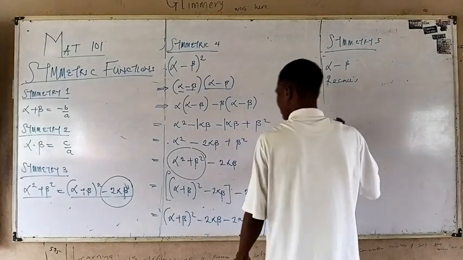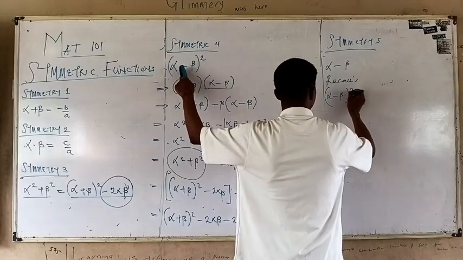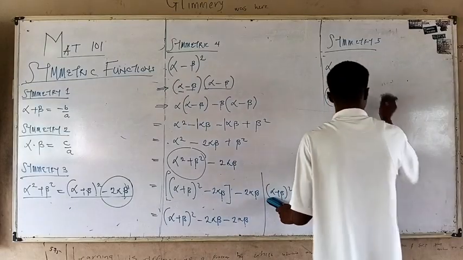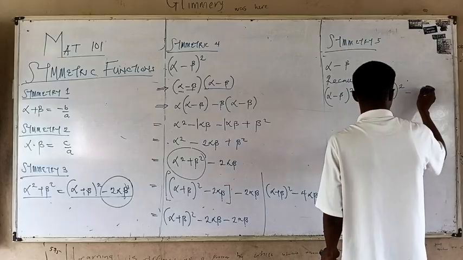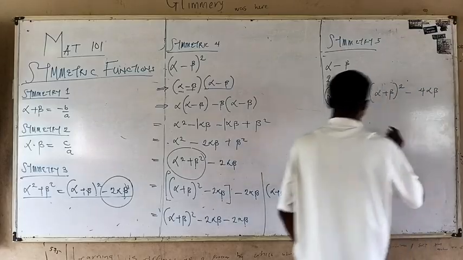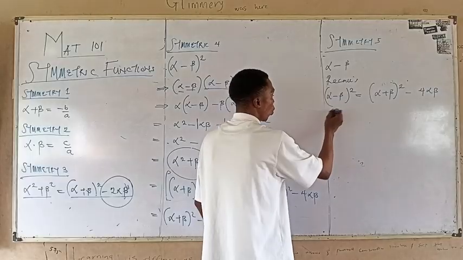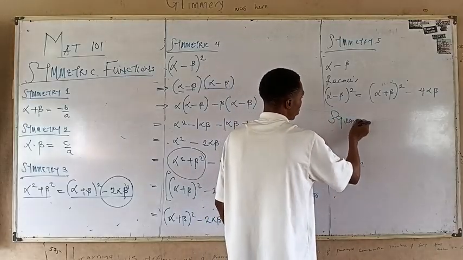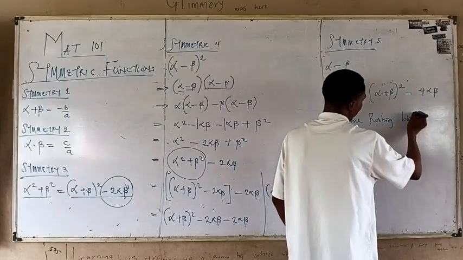Recall that alpha minus beta all squared is equal to what do we have here? Alpha plus beta all squared minus 4 alpha beta. And I want to get alpha minus beta, which is ordinarily here. So square rooting both sides.